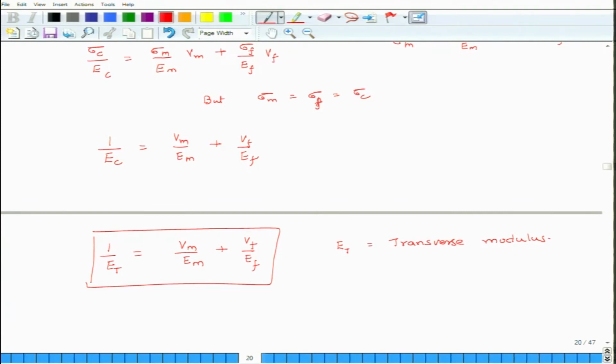As I said earlier, it is a very crude approximation. Why is it crude? We will see tomorrow, but this is a good starting point for predicting the transverse modulus of a unidirectional composite.